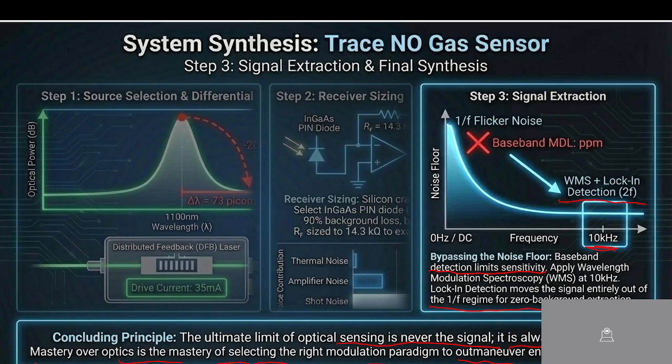So these are the things we need to take care of: source selection, receiver sizing, and then signal extraction. And in the end, the limitation of optical sensing is not the signal, which can be detected even with a trace amount of information, but the ultimate thing is the noise, which is ruining the overall detection system.